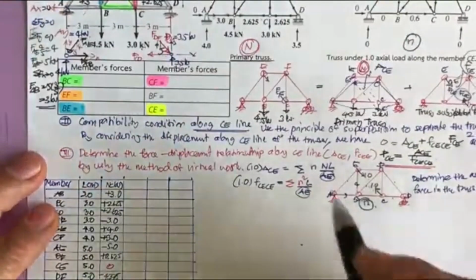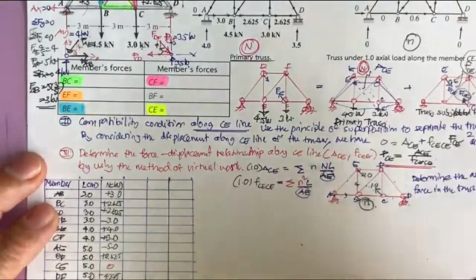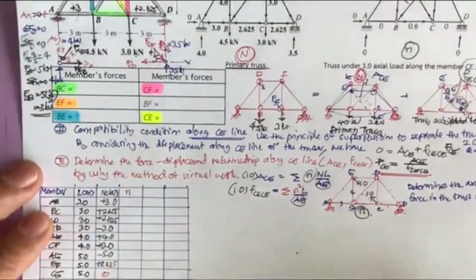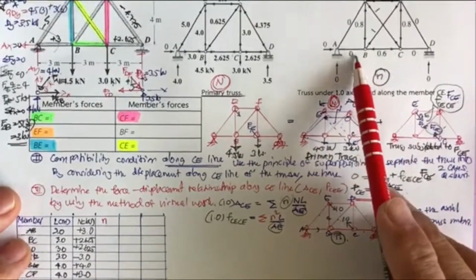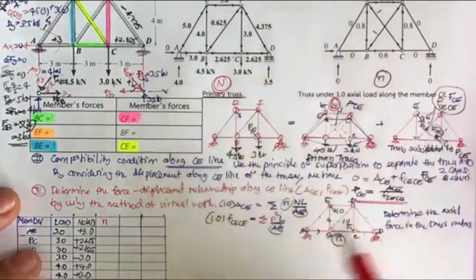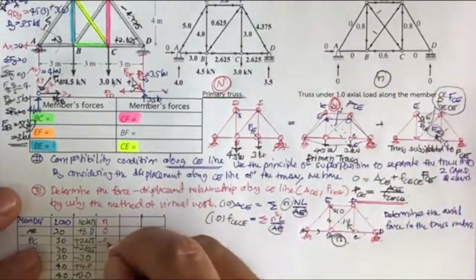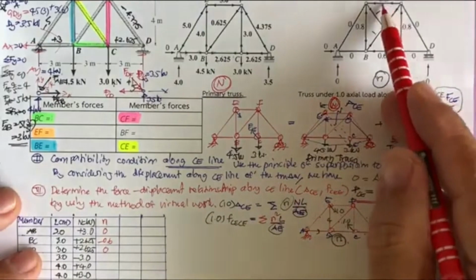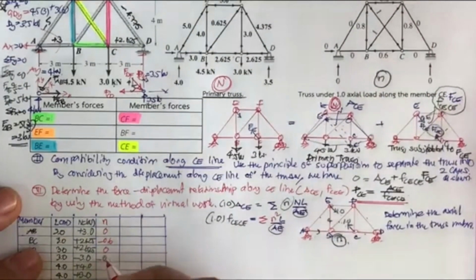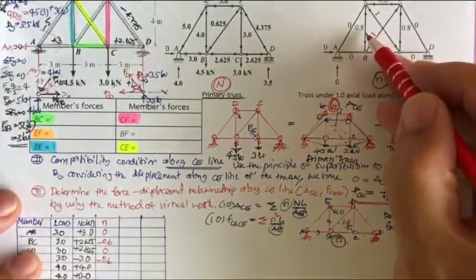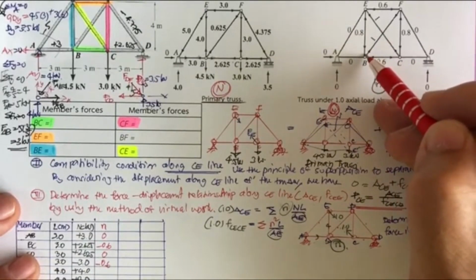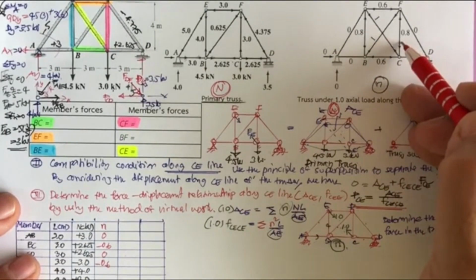And then you have the small n now. We have the small n here. So this is 0, this is minus 0.6, and this is minus 0.6. This one is in compression.